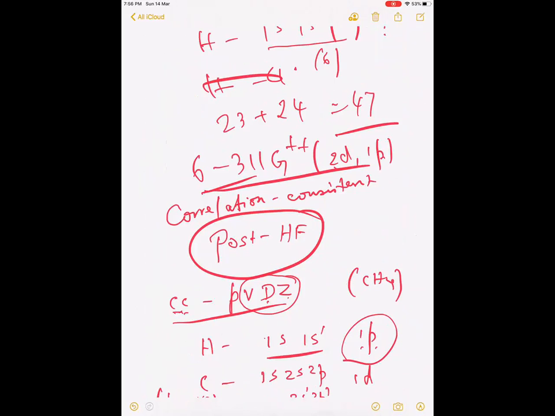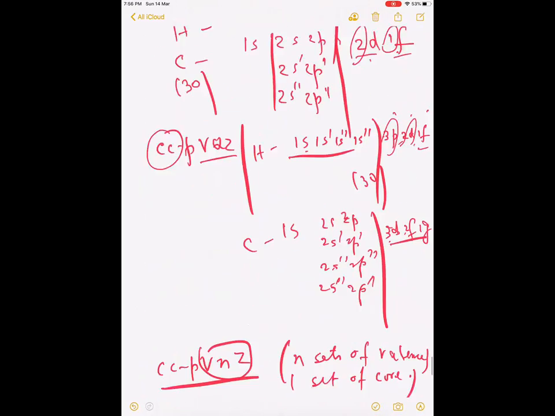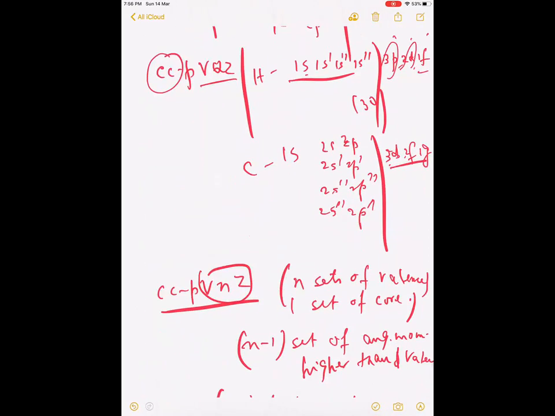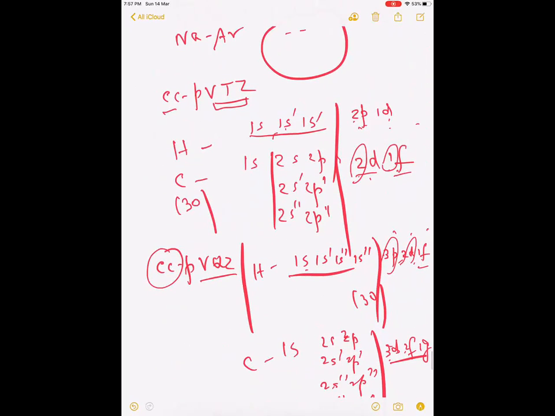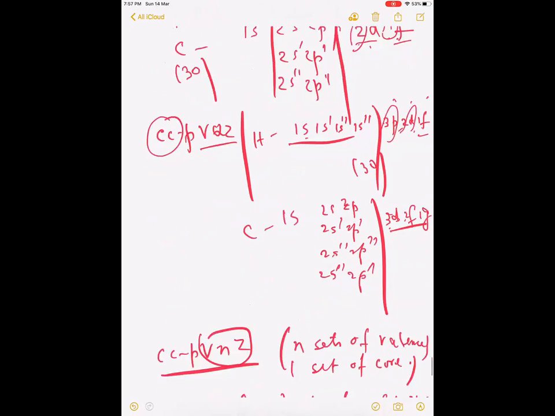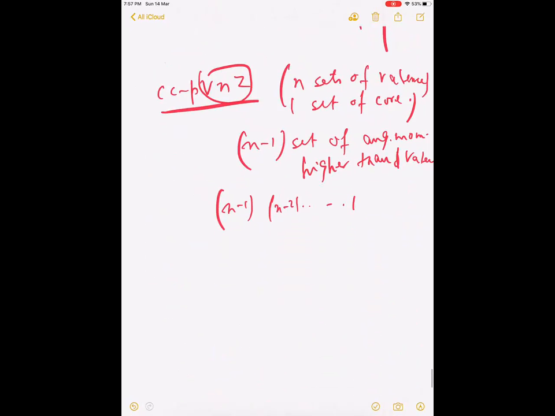So if I use 6-311G, 2D, 1P, that is basically in a way your CCPV triple zeta. For carbon, I have 2D, 1F, right? So I can do a nomenclature in Pople's basis as well. But today correlation consistent is a good nomenclature. So they are very different.